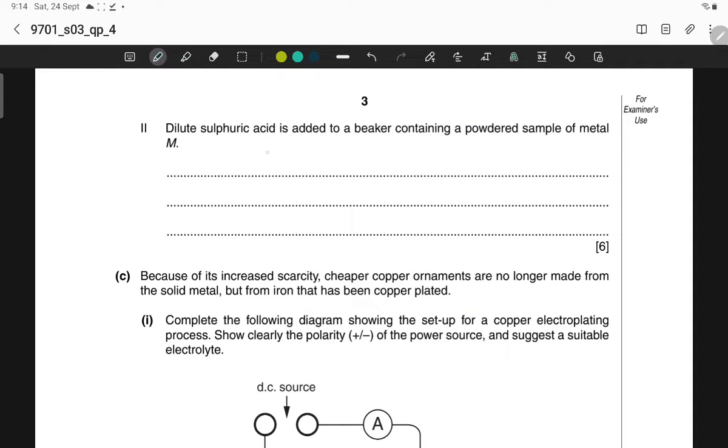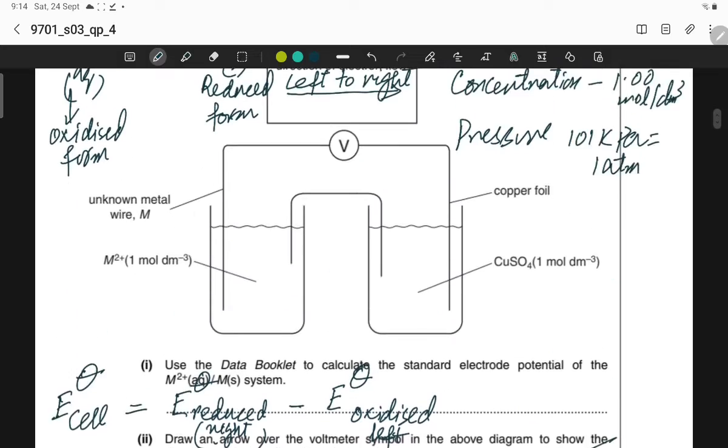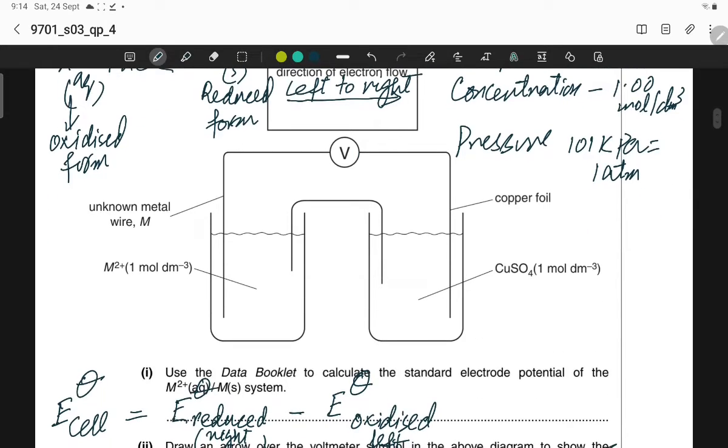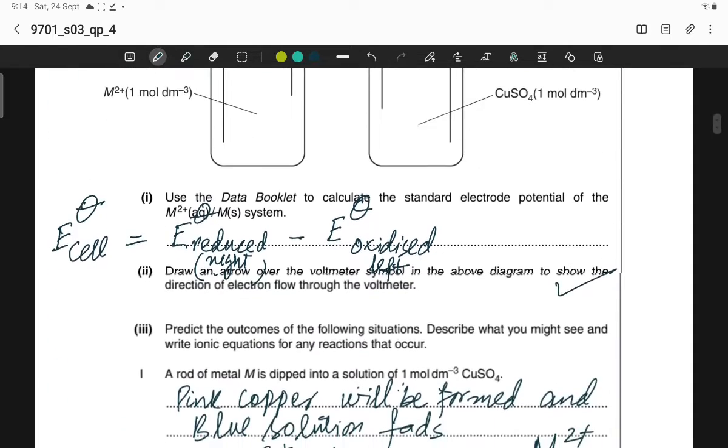Next part: dilute sulfuric acid is added to a beaker containing a powdered sample of metal M. You know that because the direction of electron flow is from left to right, this metal is more reactive than copper.